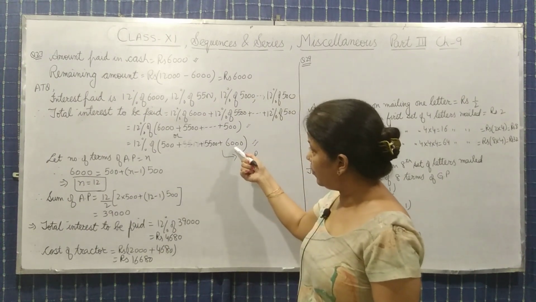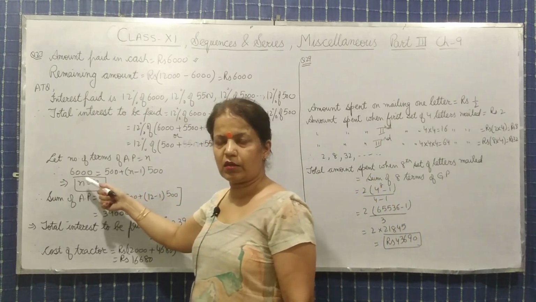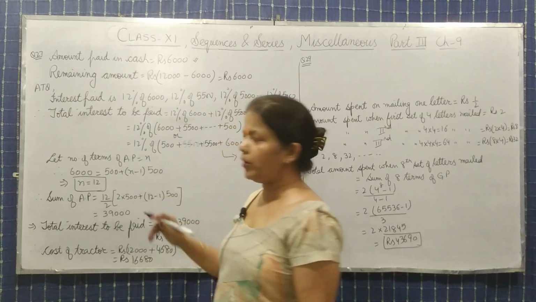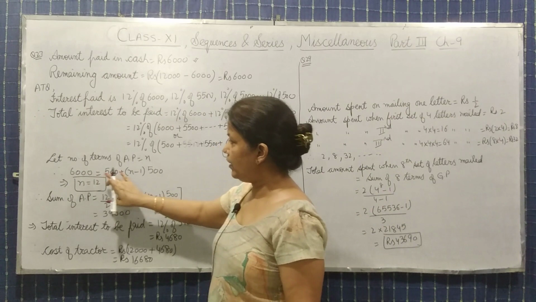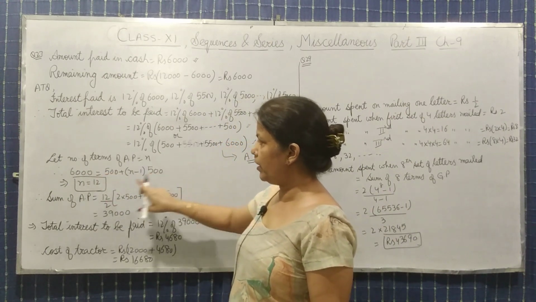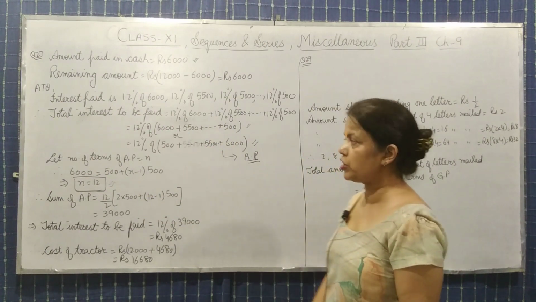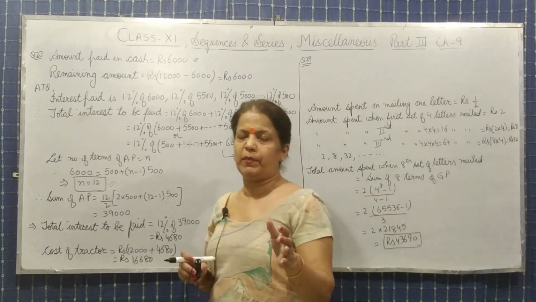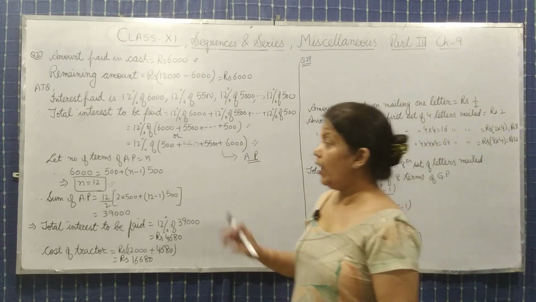So the nth term an is 6,000. Use the formula an equals a plus n minus 1 d, and after solving it you will get n as 12. So it means he has to pay the amount in 12 installments.